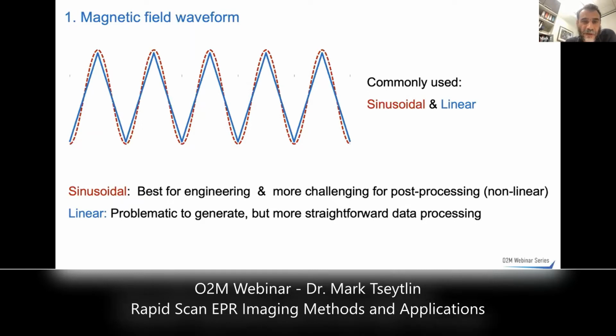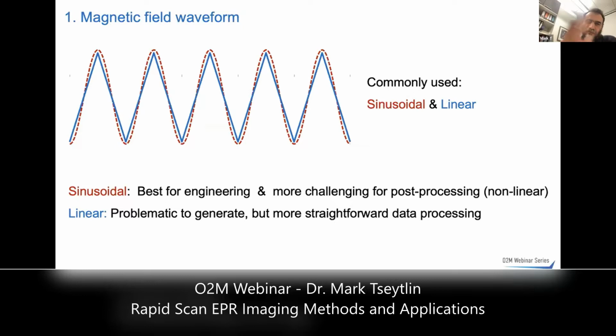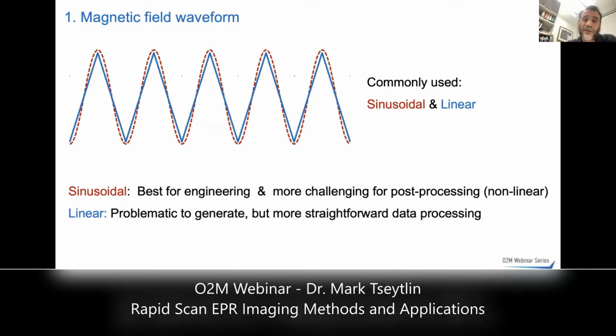Here you have a discontinuity of the change. That means the derivative technically is not even defined, but it's kind of infinite, and nature just doesn't do it, right? So you have some kind of smoothing at the end. To get a perfect linear scan is challenging, especially if you want it to be fast and wide.